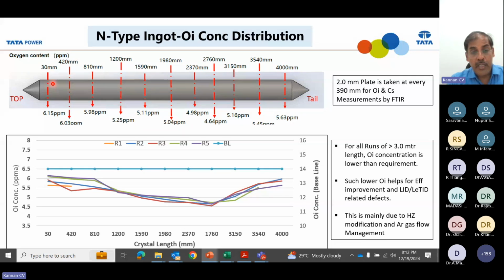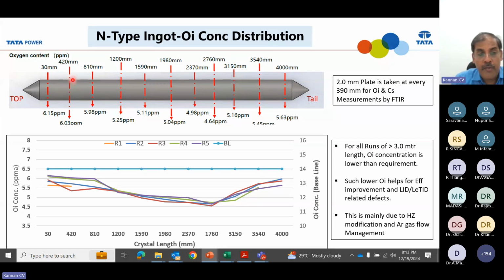As the crystal grows, the amount of dopant in the molten silicon increases, so from top to bottom the dopant concentration also increases. When the dopant concentration increases, the resistivity automatically goes down.